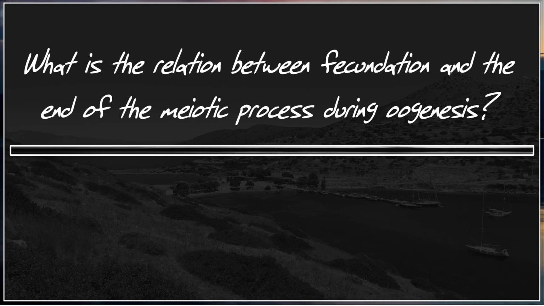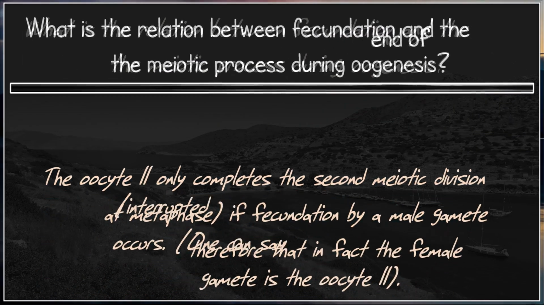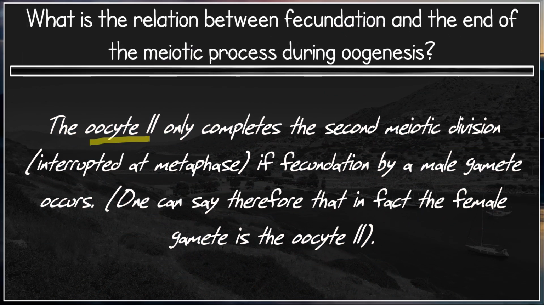What is the relationship between fecundation and the end of meiotic process during oogenesis? The oocyte 2 only completes the second meiotic division, interrupted at metaphase, if fecundation by the male gamete occurs. One can say, therefore, that in fact the female gamete is the oocyte 2.